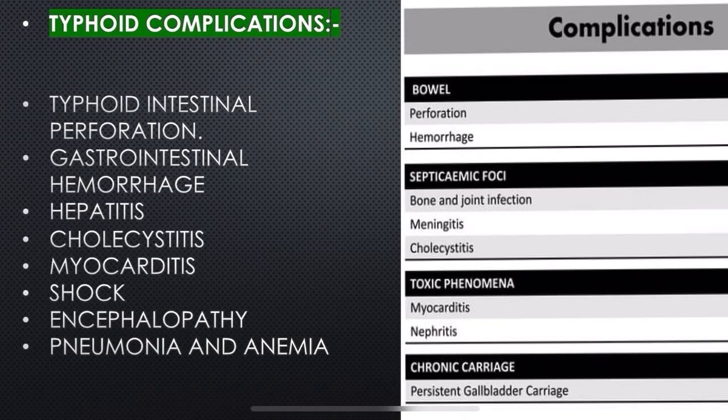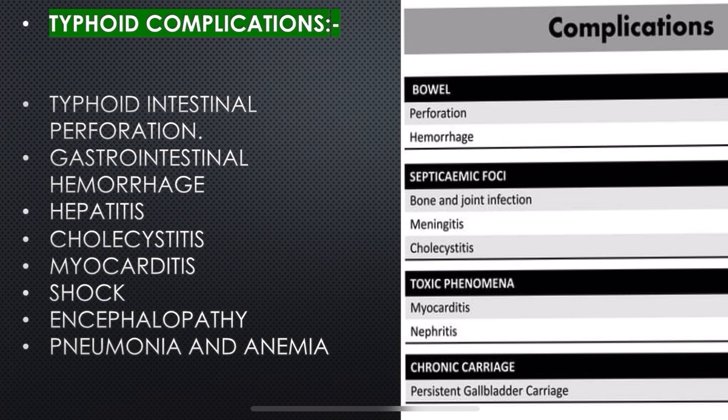Next, we will move further to the typhoid complications. So, what are the various complications you see? The typhoid intestinal perforation. Intestinal perforations occur because the bacteria cause ulcers in the intestinal wall, which creates a hole or perforation, and these perforations can further lead to peritonitis and a very life-threatening abdominal infection.